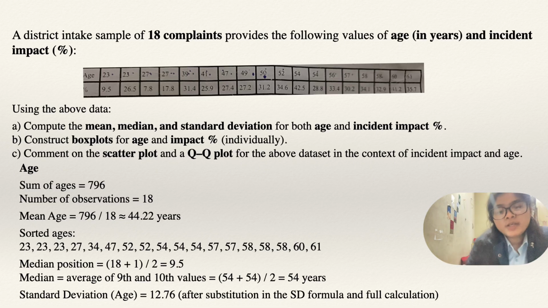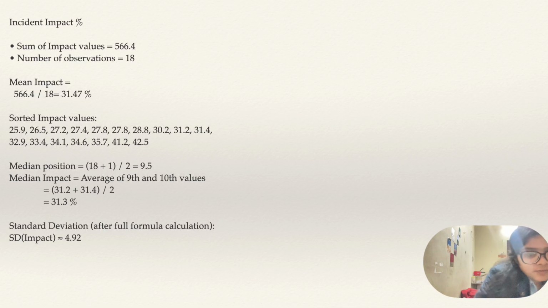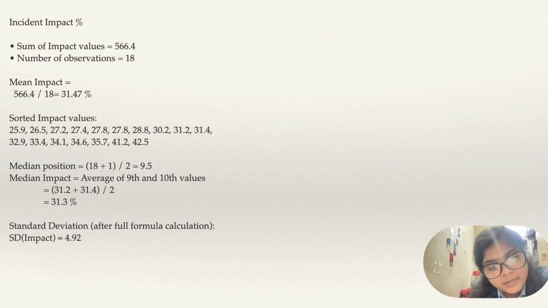This is how we calculate standard deviation. So the same for incident impact. Here the mean turns out to be 31.47. Then we sort the data and the median position is 9.5. So median impact is the average of the 9th and 10th value, which is 31.3%. Again, standard deviation is calculated to be approximately 4.92.